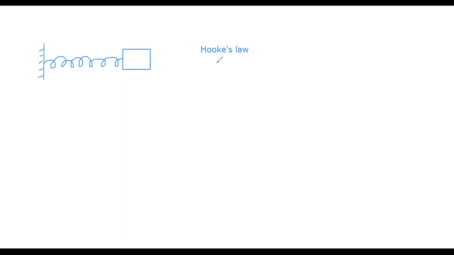It means that the force known as elastic force, the force that tries to prevent spring extension, is equal to minus k x.